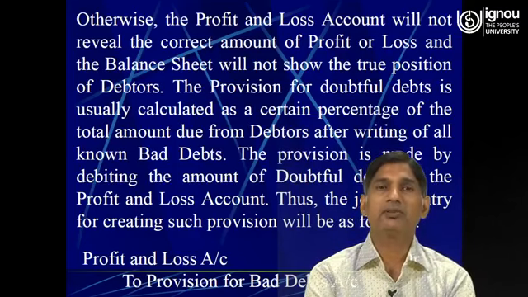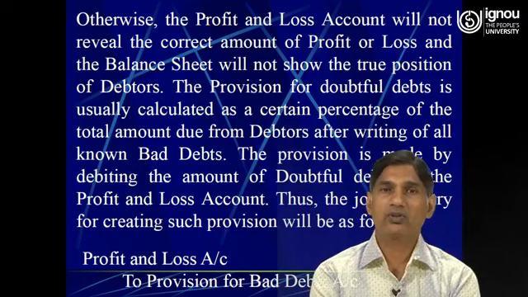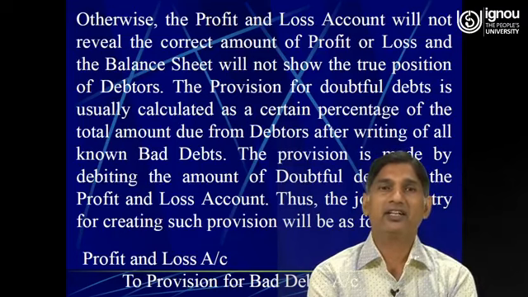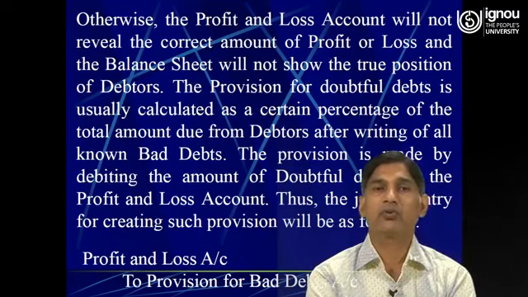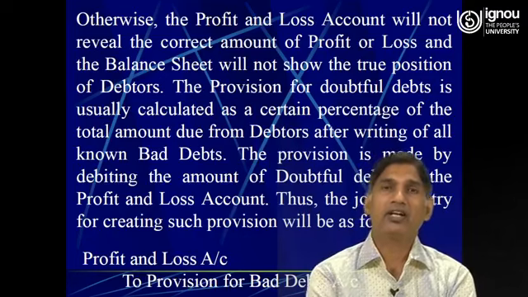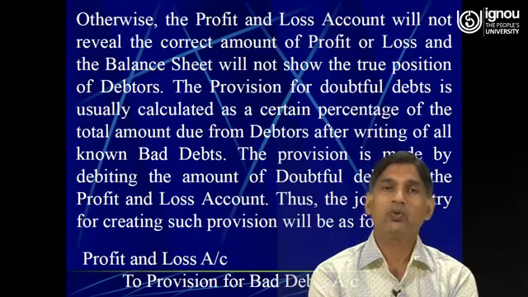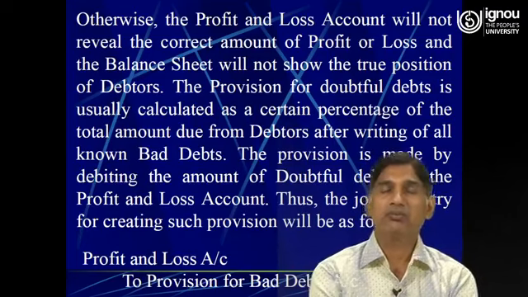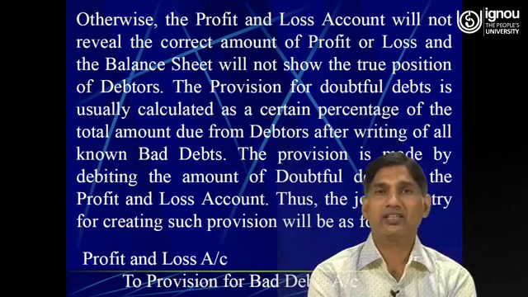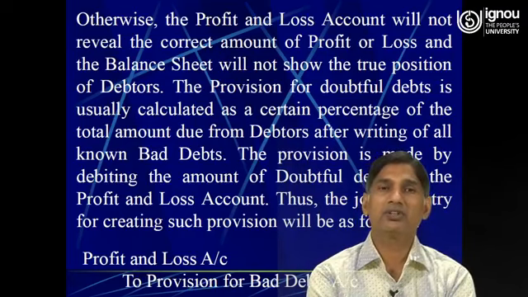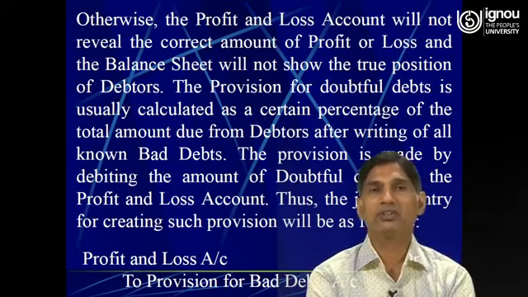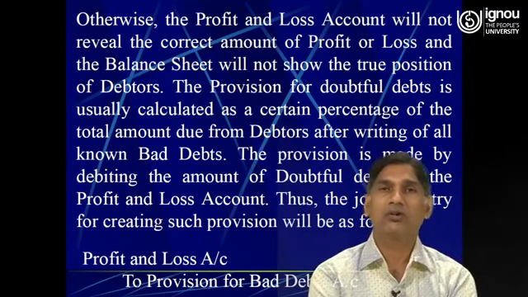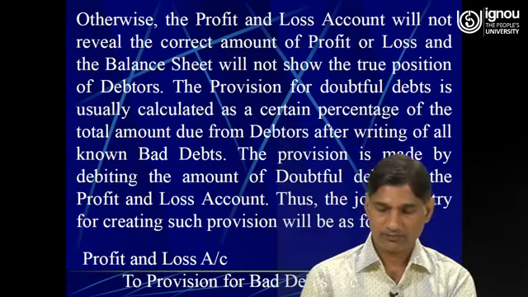The provision is made by debiting the amount of doubtful debts to the profit and loss account. Thus, the journal entry for creating such provision will be: Profit and Loss Account debit to Provision for Bad and Doubtful Debts. The provision for bad and doubtful debts is again a loss for the business, and any loss for the business is always charged to the profit and loss account.